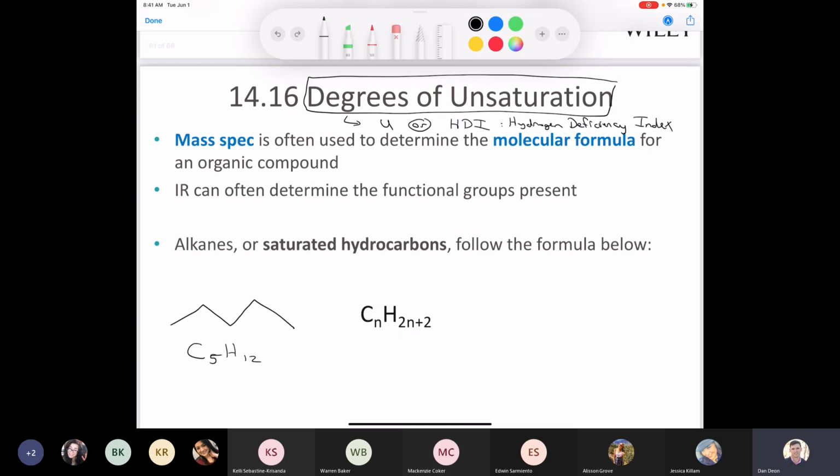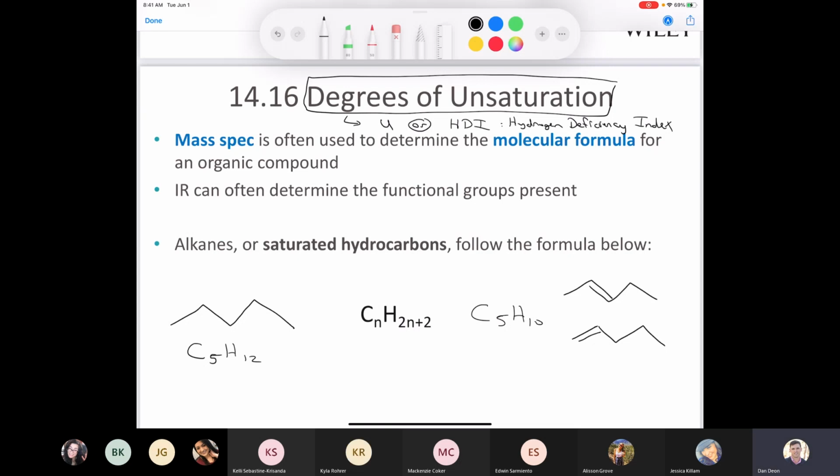Well, what if we don't have enough hydrogens? What if we had C5H10? What does that mean? It could mean a couple of things. It might mean that we have a double bond. If you had this molecule, that is C5H10. What if the double bond was here? That's also C5H10. Is there another way I could arrange those atoms?